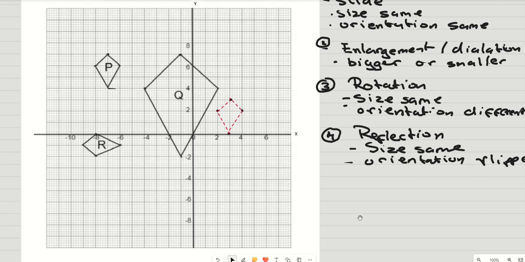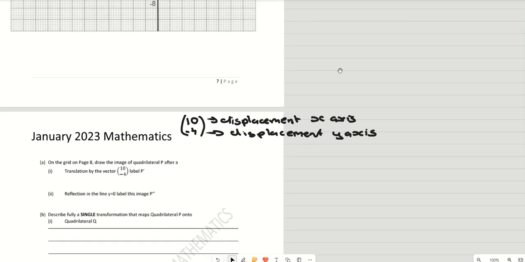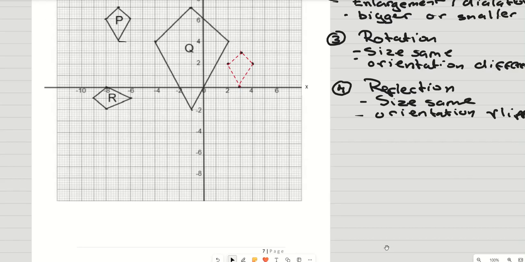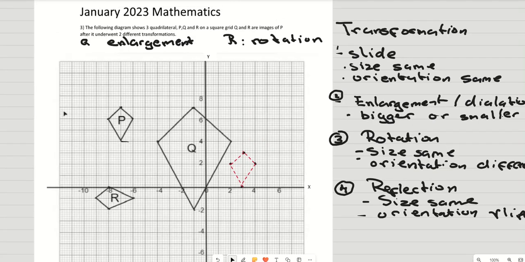Now, again, like previous years, there are other ways to do part 1, right? The other way would be to get the coordinates for each point here. So this first point here, X is minus 7, Y is 7.